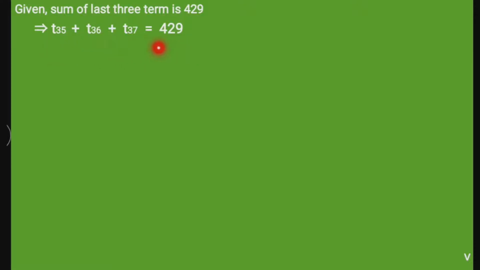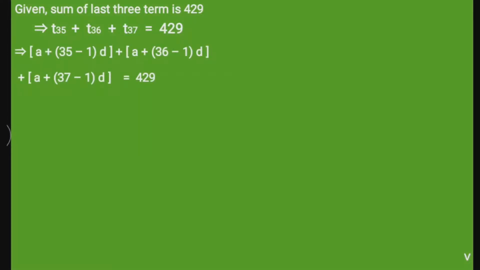So we add these three terms and take the value as 429. We again use the formula Tn. So we write T35 as A plus 35 minus 1 into D, plus T36 as A plus 36 minus 1 into D, T37 as A plus 37 minus 1 into D, and the right hand side 429 as it is.